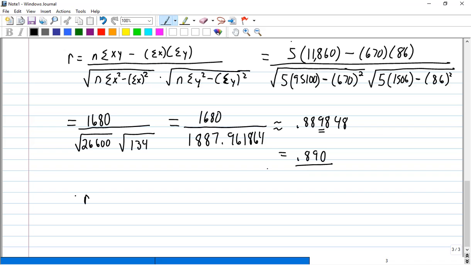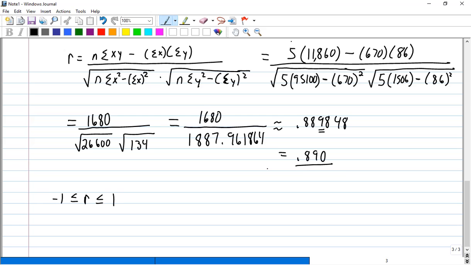So R, the correlation coefficient, is always going to be between -1 and 1. And that's on your PowerPoint. If you have values that are close to 1 for R, or values that are close to -1, then that means that the data is tightly bundled around a line.